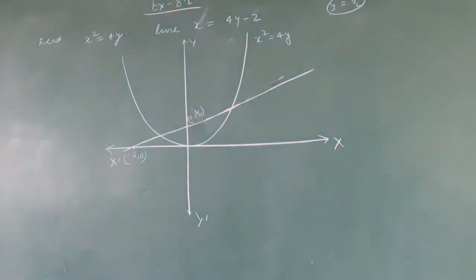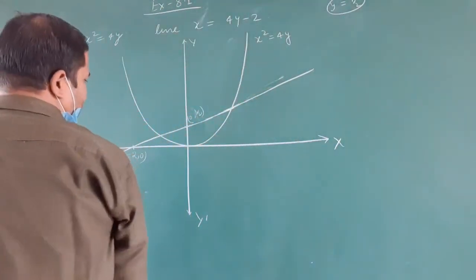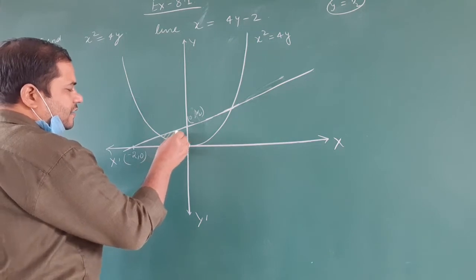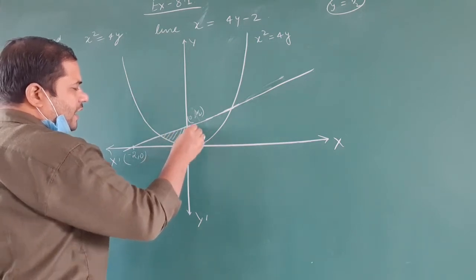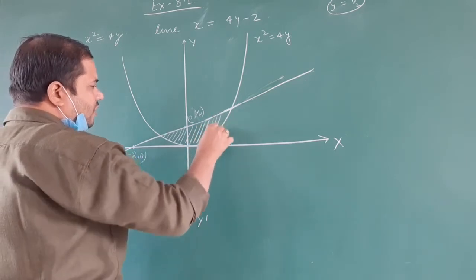Okay? Area bounded between the curve x square is equal to 4y and the line x is equal to 4y minus 2. So we need to find only this area, between the line and the curve. So how will we find it?